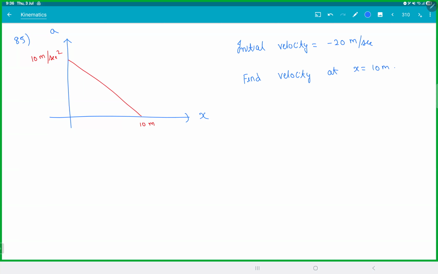Let's get this thing. This is an AX graph. Let's start off.